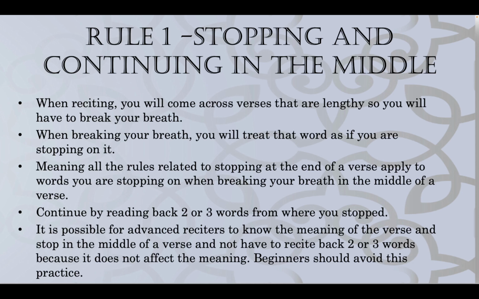But that's advanced, because in order to know that, you have to know the meaning. For beginner reciters, you should avoid this practice. Wherever you stop, go back two, three, or even four words, and continue onwards.